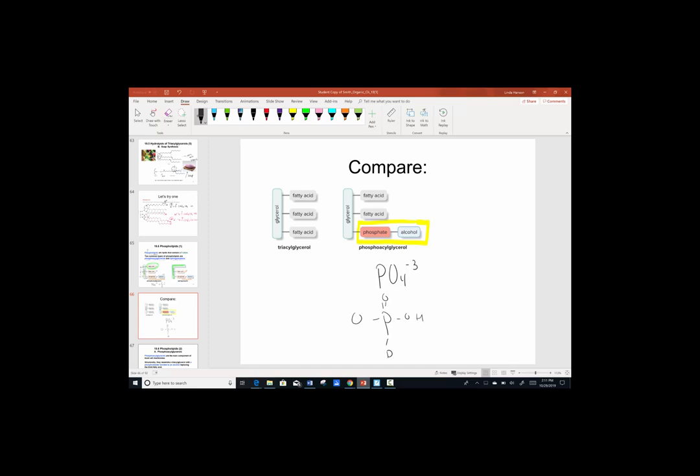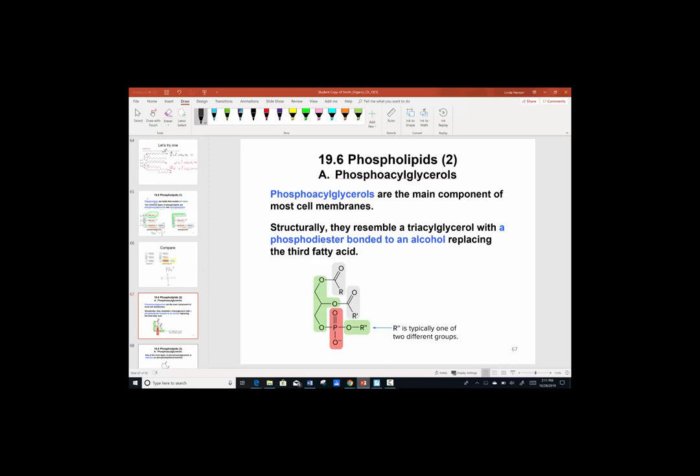And we'll develop some of those very specific structures, but just comparing triacylglycerols to a phosphoacylglycerol, it's that third attachment that makes them different.